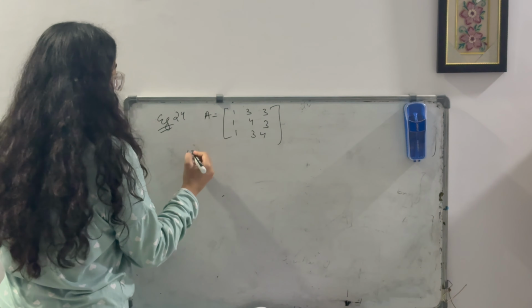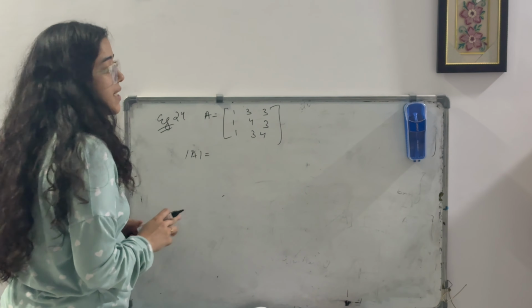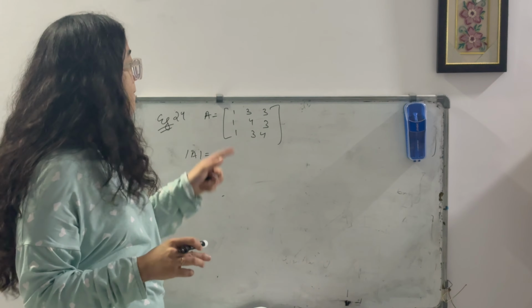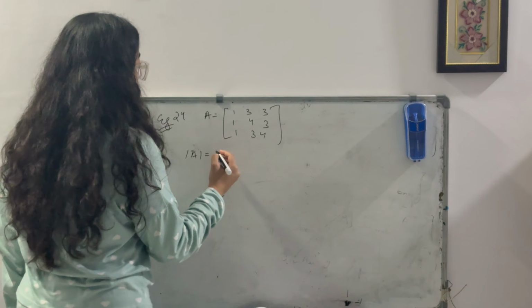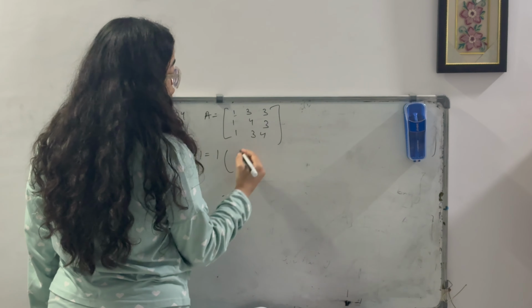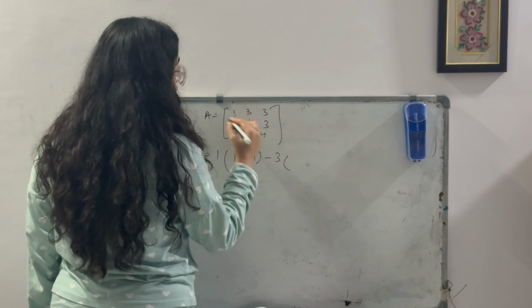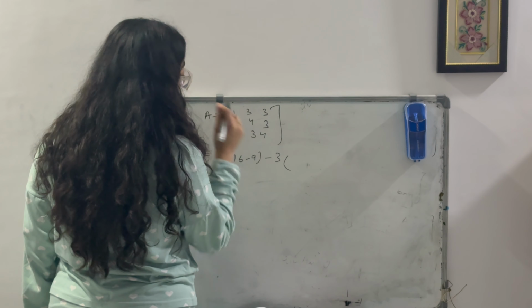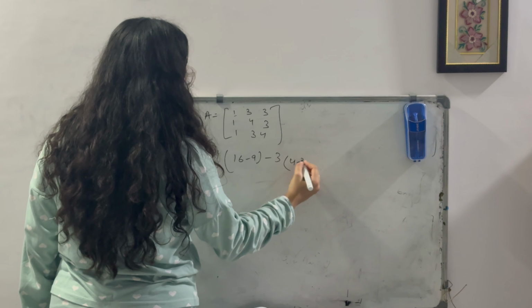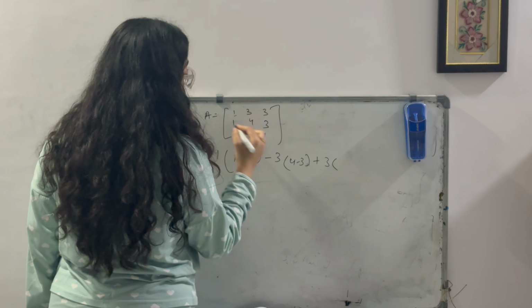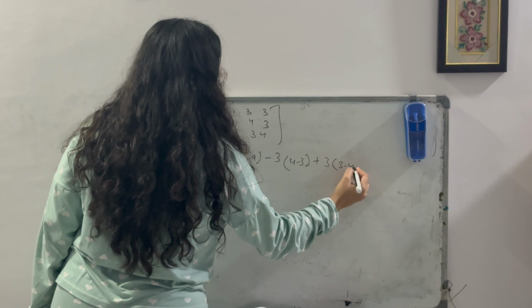So first let's talk about the determinant of A. Where should we calculate the determinant of A from? First row. So it will be 1 into 4 4s are 16 minus 9, minus 3 into 4 1s are 4 minus 3. Yes. Plus 3 into 3 1s are 3 minus 4.